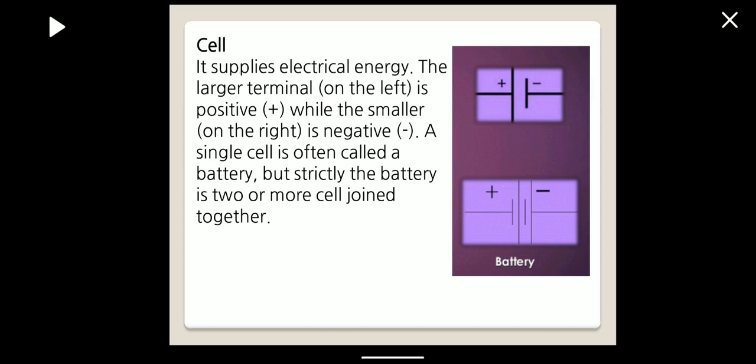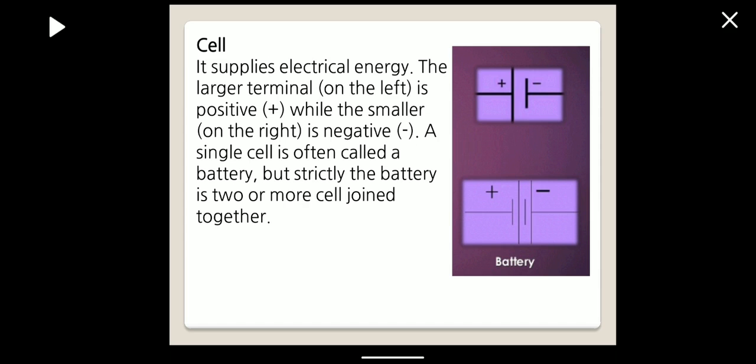The next diagram shows the cell or battery. It supplies the electrical energy. The large terminal on the left is positive while the smaller one on the right is negative. A single cell is also called a battery, but strictly a battery is two or more cells joined.